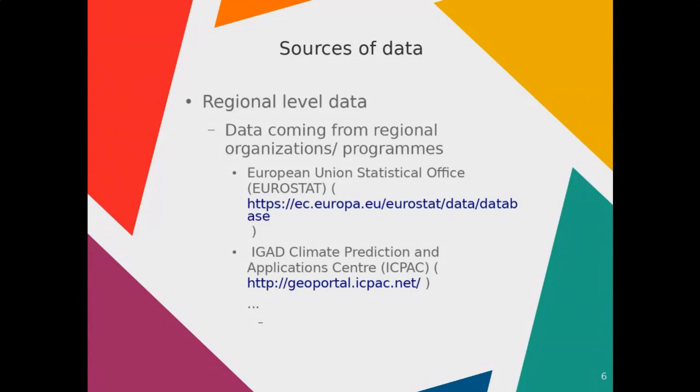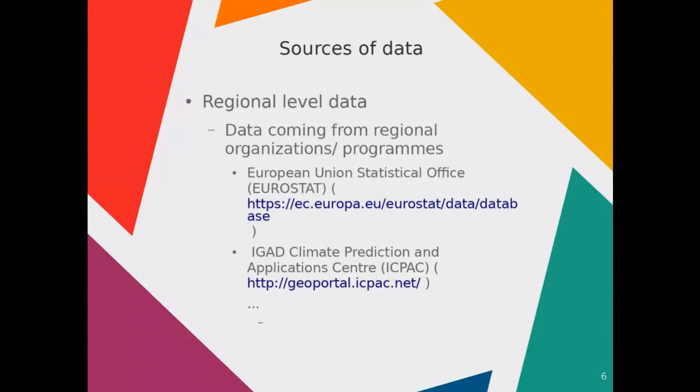Then there is regional level data, which comes from regional organizations. For example, we can count the European Union Statistical Office, Eurostat. Also, there is a portal that provides climate-related data for Eastern Africa that I found, which is the ICPAC, Climate Prediction and Application Center.